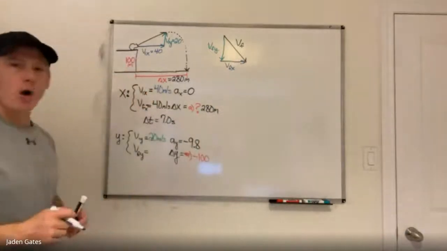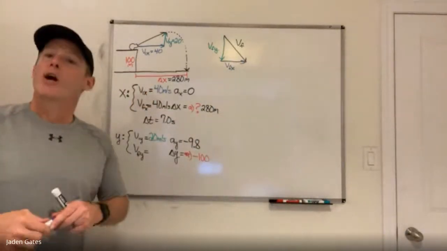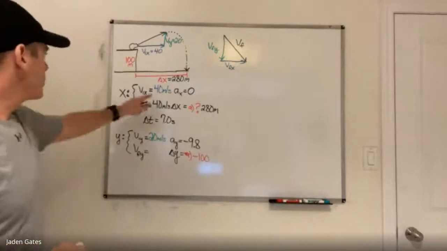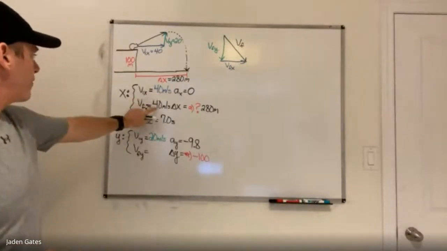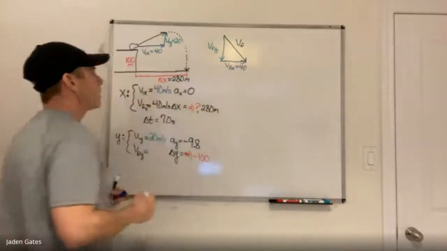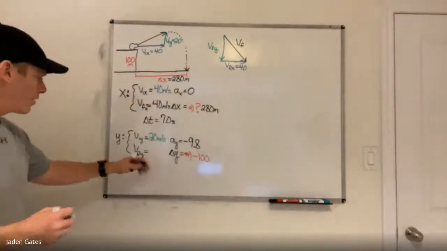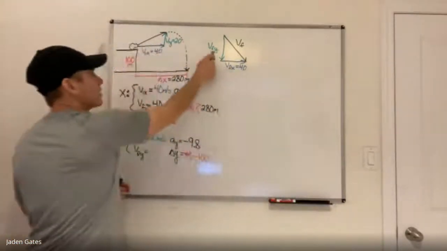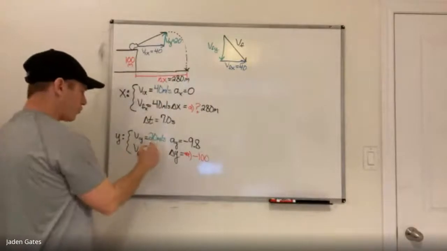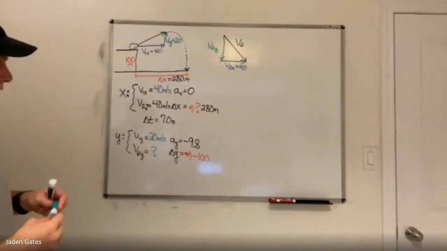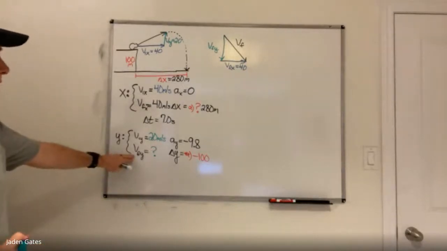If we know those 2 components, we can put them together and come up with a final velocity. I do know VFX is 40. But VFY, unfortunately, I do not know. If I find it, I can put those together using trigonometry and the Pythagorean theorem to find my final velocity. So I got to find VFY first.